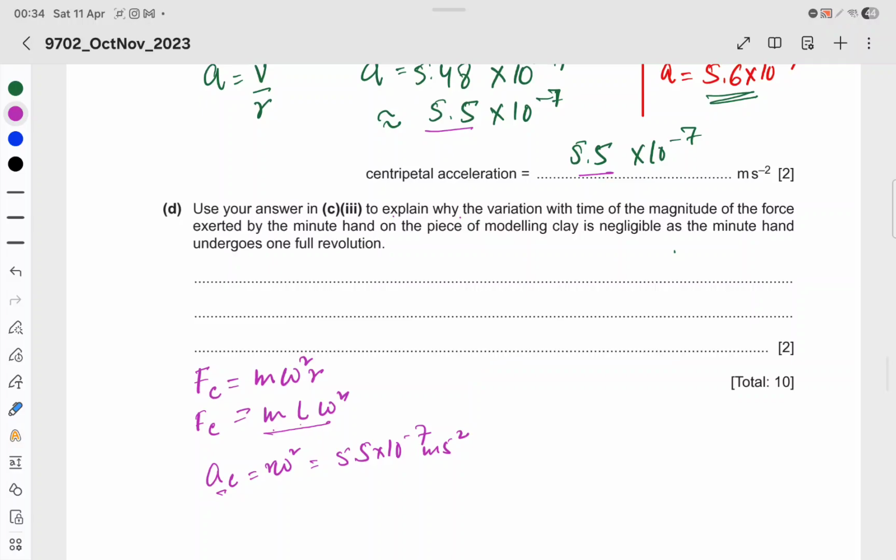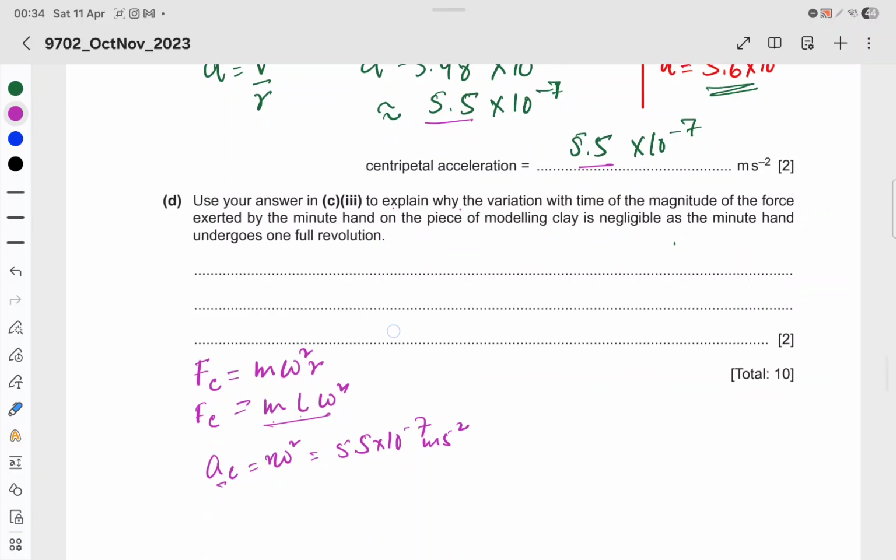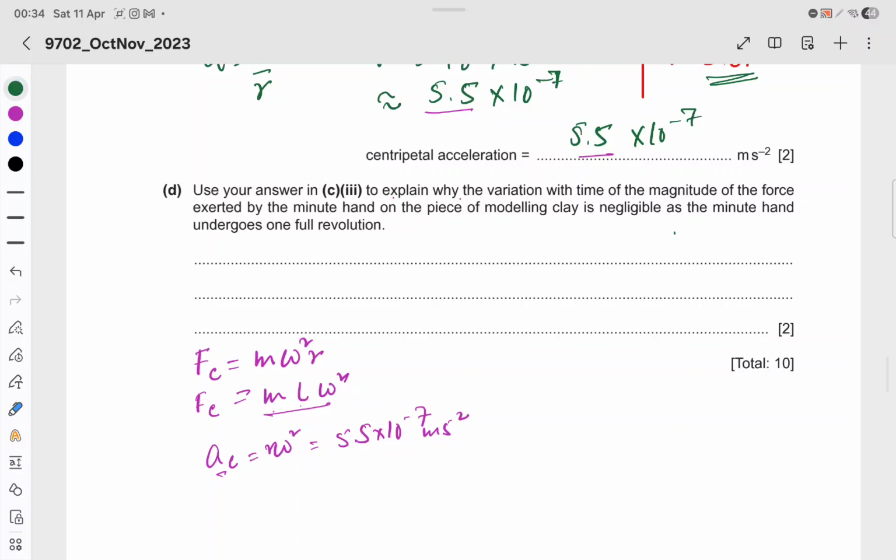So what we will say, right? So as we know, the formula, the centripetal force is given by m r omega square, the angular speed is constant, right? And although the mass is constant, so we are useless to say about the mass, right?